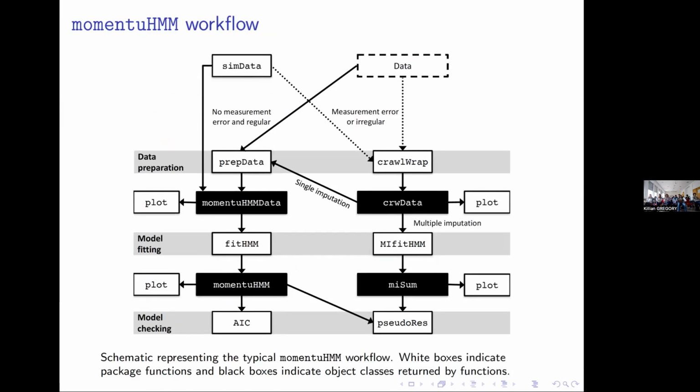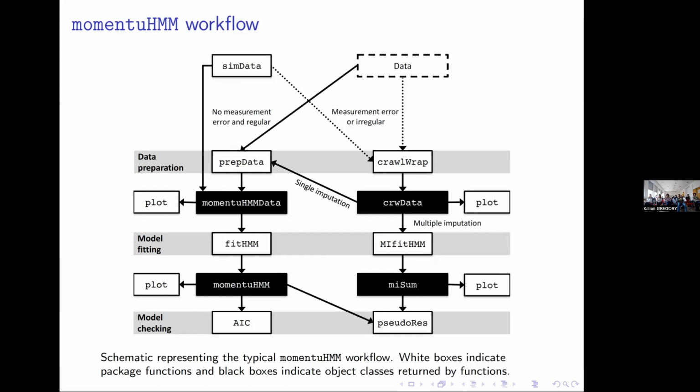It's a little different if you have measurement error or your data are irregular. Then you have to follow this path, which is much more complicated, to crawlWrap, which is a wrapper function for crawl, which is a continuous-time correlated random walk. And Devin will talk about that in much more detail. But what this does is it provides a way to simulate realizations of the path that accounts for your irregularity and your measurement error.